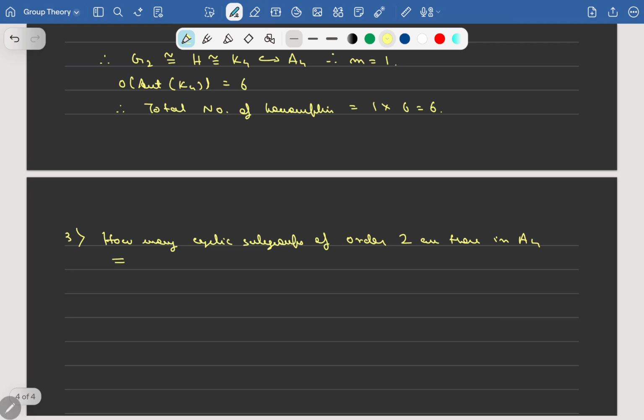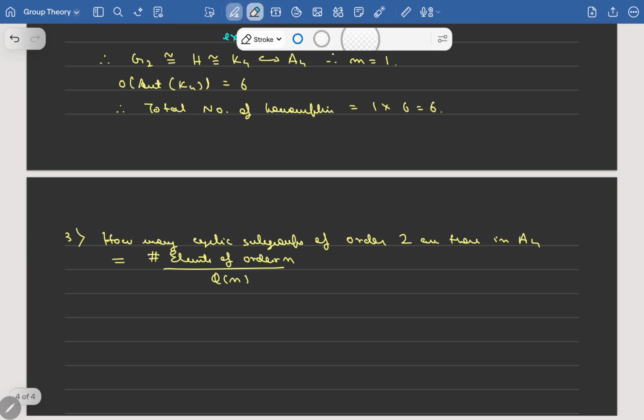That would come out to be the number of elements of order n divided by phi of n. So this is the general case. So here you have the number of elements of order 2 divided by phi of 2.